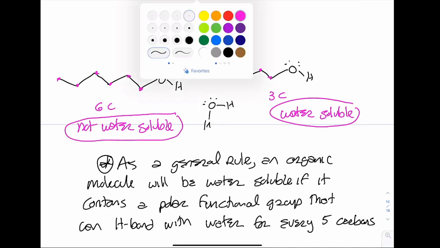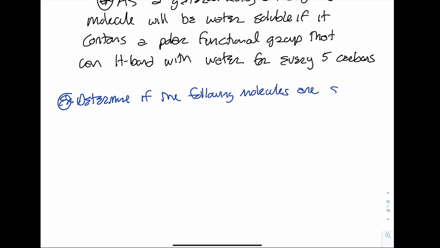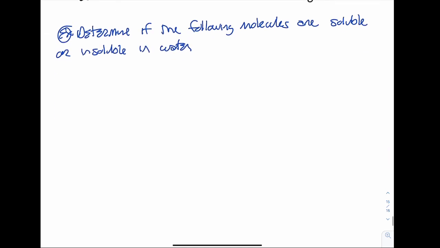A couple more examples. We're going to determine if the following molecules are soluble or insoluble in water. So I'm going to draw a few examples for us.